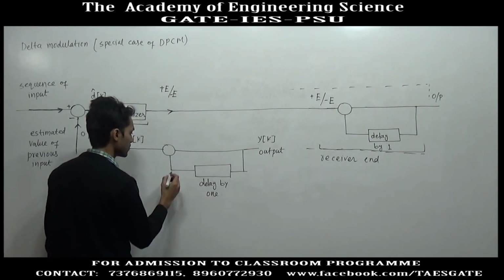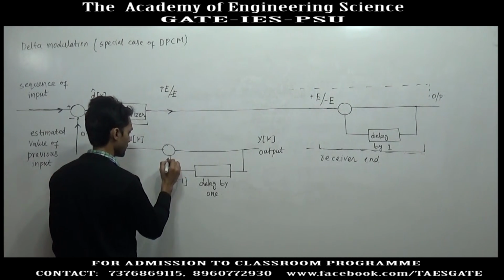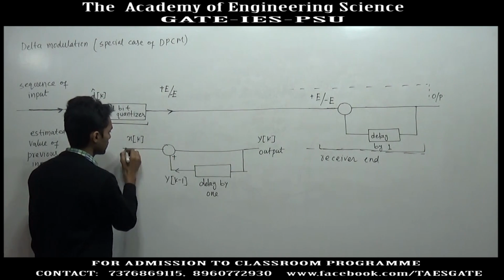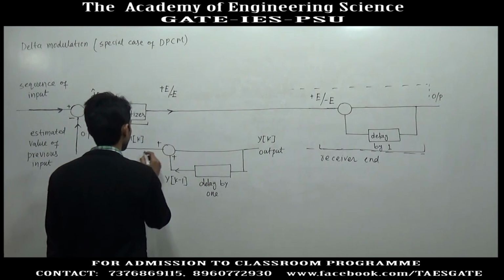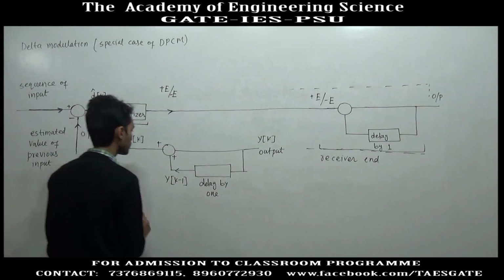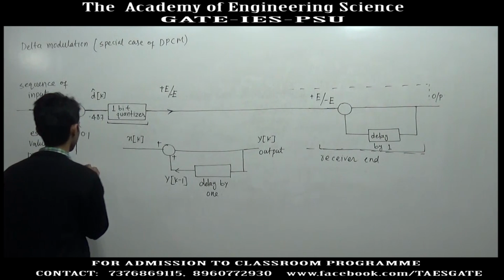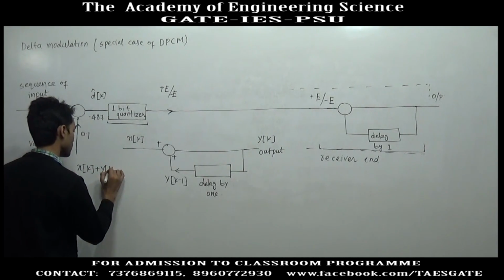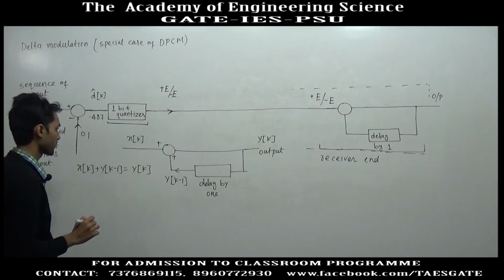This is a delay by 1, so here we will have yk minus 1, and yk minus 1 is being added to the sequence of input. This is also positive. So, from this summation we can write xk plus yk minus 1 is equal to yk.